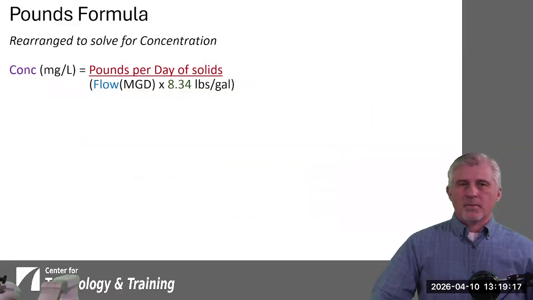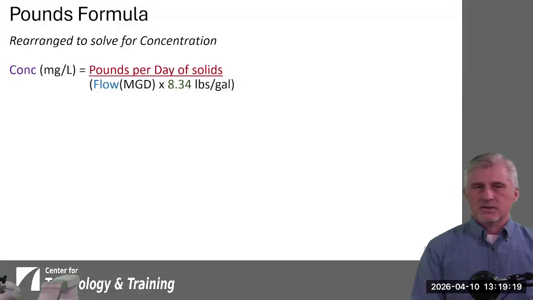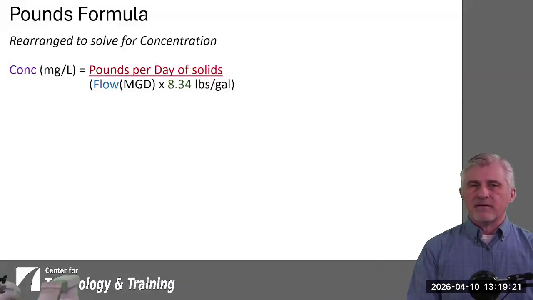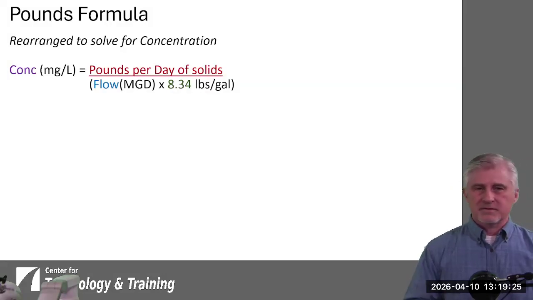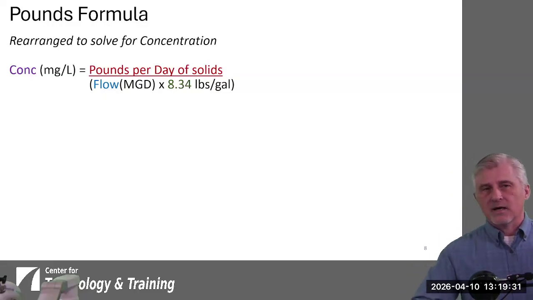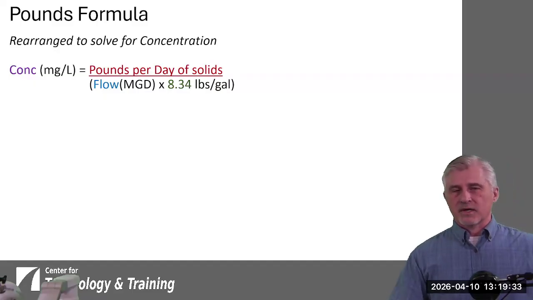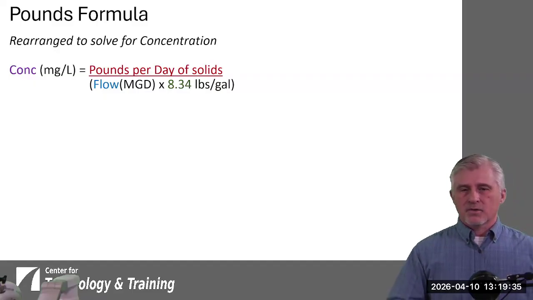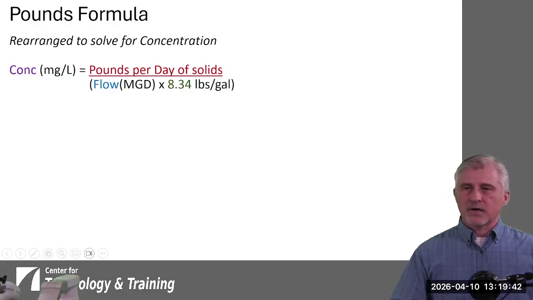So the pounds formula is great. If we have certain things, we can figure out other things. We can manipulate our equations so that in this case, we're not solving for pounds per day, we're solving for the concentration. And in order to do that, we're going to divide each side of this equation by concentration to manipulate them around.